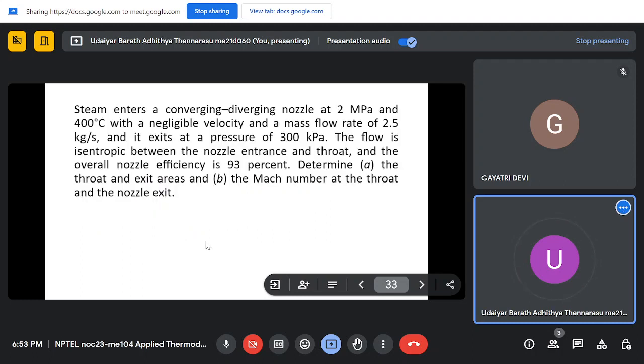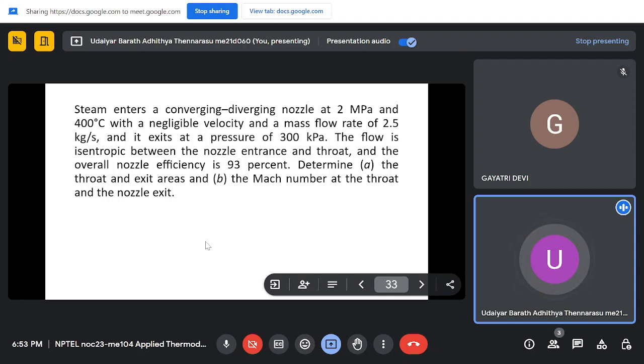Moving on, I have taken a nozzle example. Steam enters a converging-diverging nozzle at 2 megapascal and 400 degrees Celsius with negligible velocity and a mass flow rate of 2.5 kg per second, and it exits at a pressure of 300 kilopascal. The flow is isentropic between the nozzle entrance and throat.